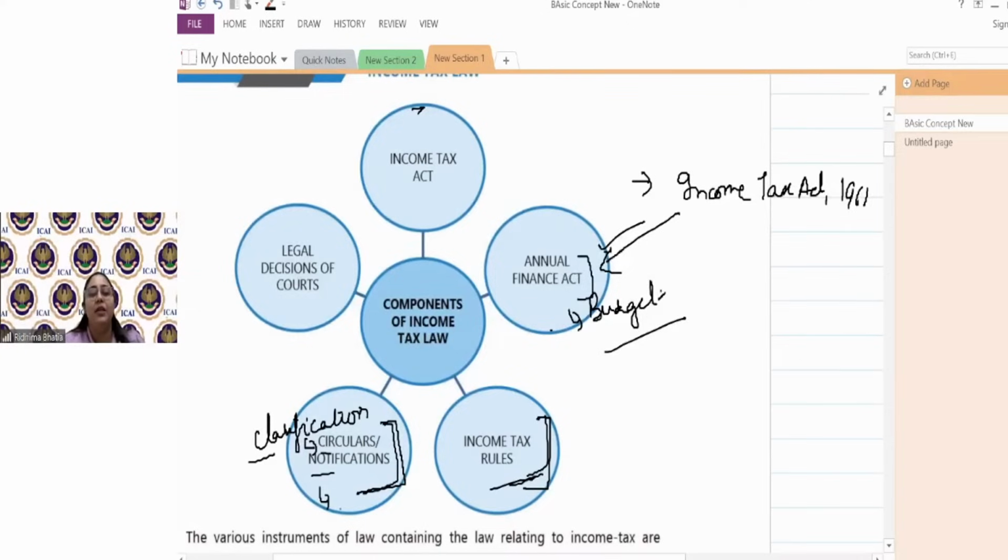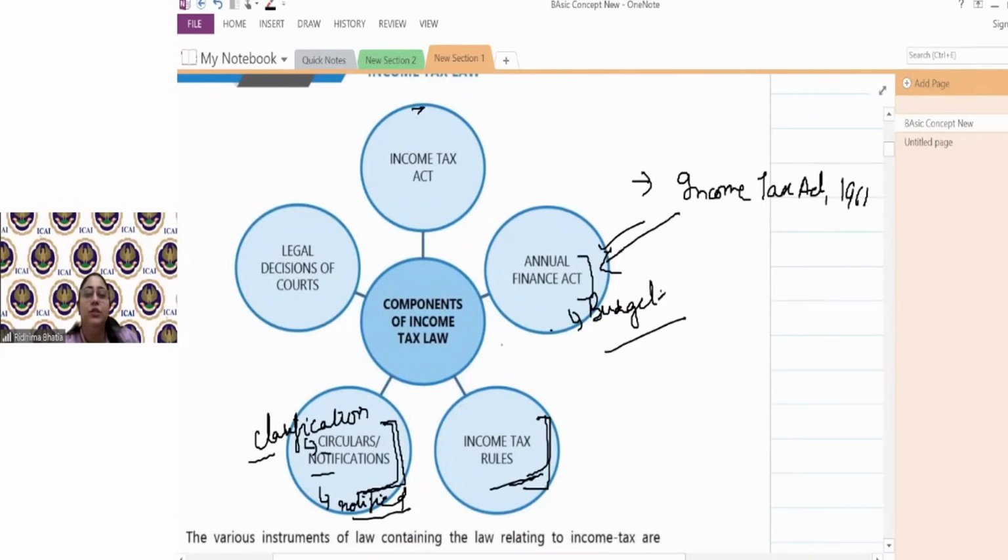Notifications, जहाँ पे act में लिखा होगा एक word as notified. Like this benefit would be given to those persons as notified. अब वो benefit time के साथ साथ you have to give to different persons. The benefit has to be given to different persons as and when the time arises. So how is that benefit given? Generally through notifications.